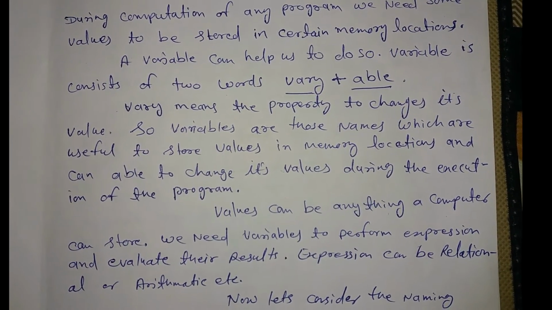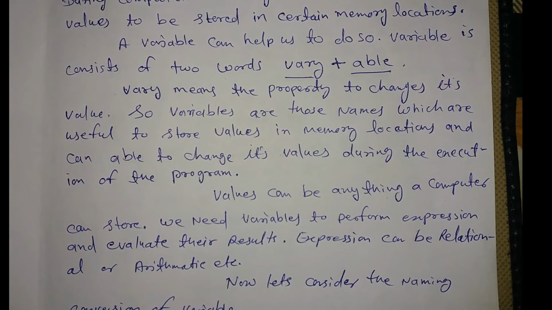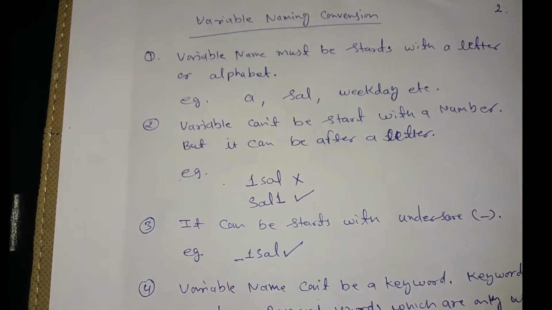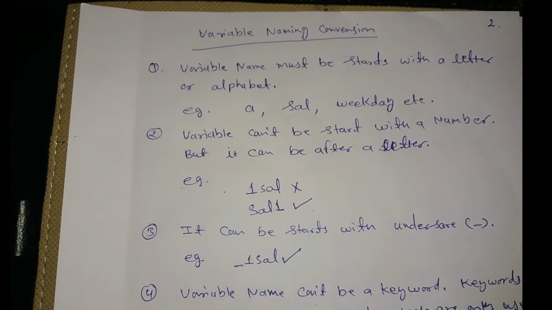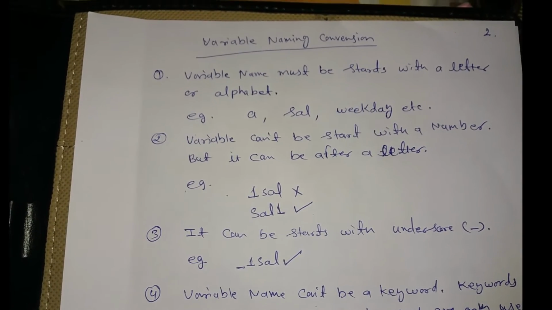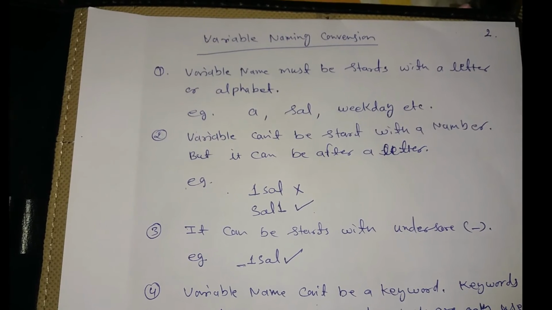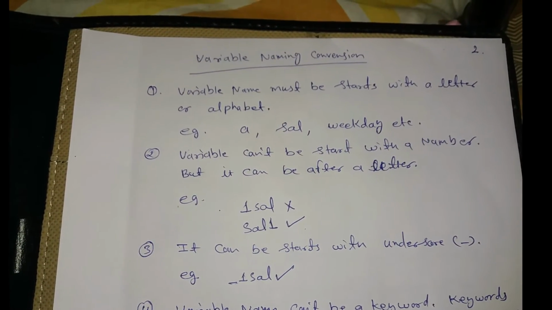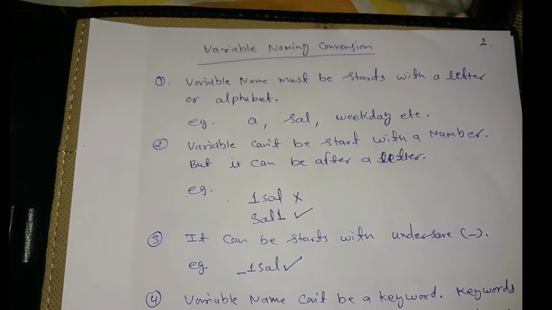Now let's consider the naming conventions of variables. Variable naming conventions means the rules which are used while we name any kind of variable. A variable name must start with a letter or alphabet.